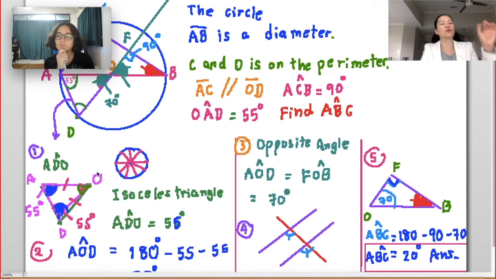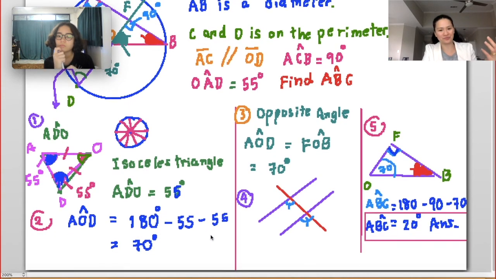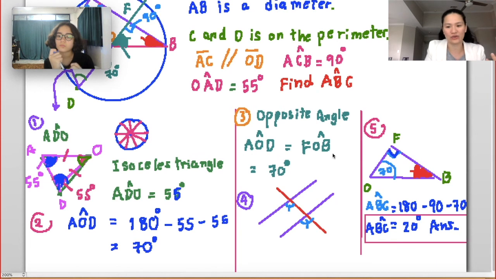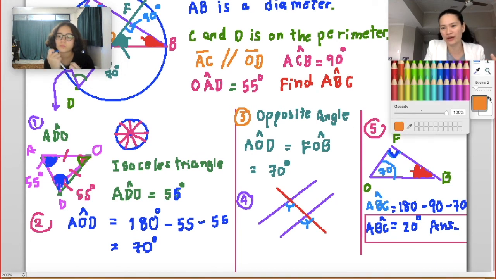And you have to know the quality of the isosceles triangle, or in Thai สามเหลี่ยมหน้าจั่ว, and you have to know that opposite angles, this one I write down for you as well, this one is called opposite angles. The opposite angles are always the same.